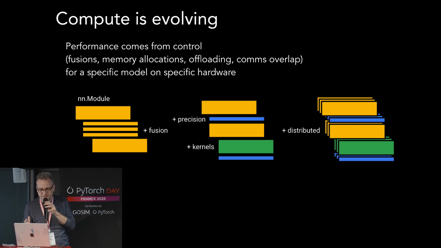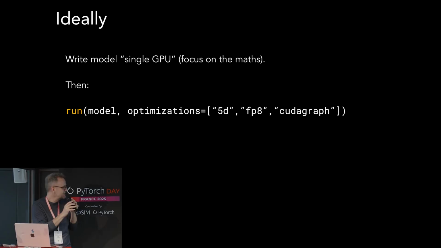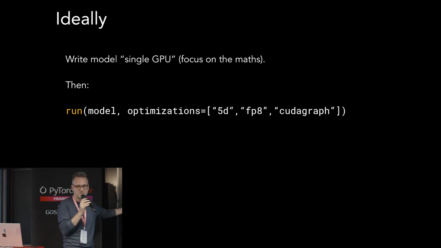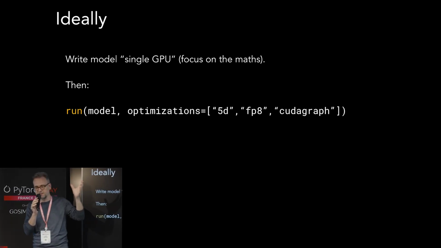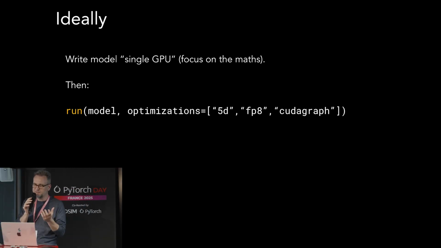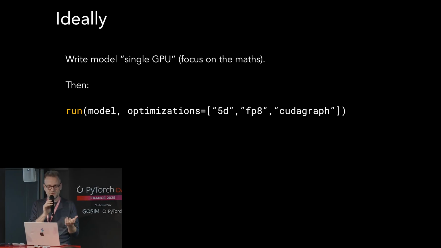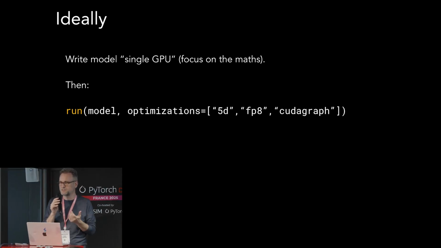And ideally, researchers would like to say, okay, I have a model, it runs great on one GPU, and now just slap some optimizations on it, done. And this happened in 2019, 2020, with some of the techniques that people were using back then.